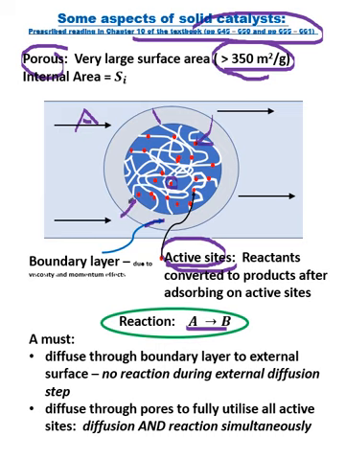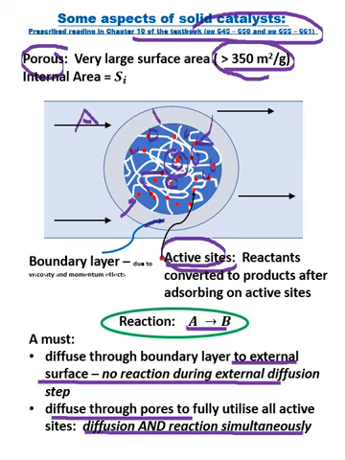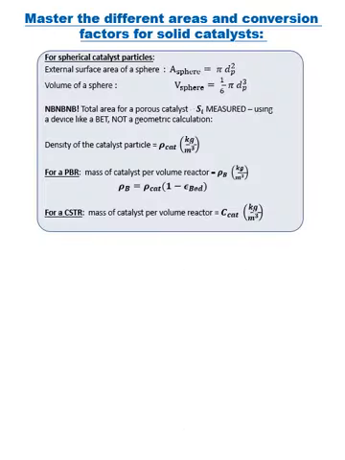During this external diffusion process, no reaction takes place because there are no catalytically active groups in this boundary layer. Then it must diffuse through the pores into this matrix so that it can effectively utilize all the active sites that are available, not only the ones at the surface layer of our catalyst, but even the ones inside our catalyst particles. And during this process, diffusion and reaction take place simultaneously.